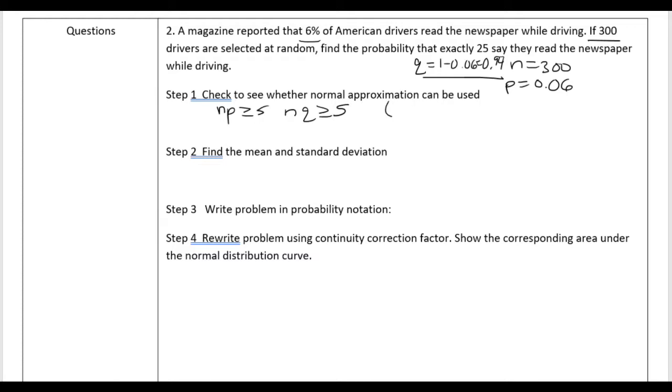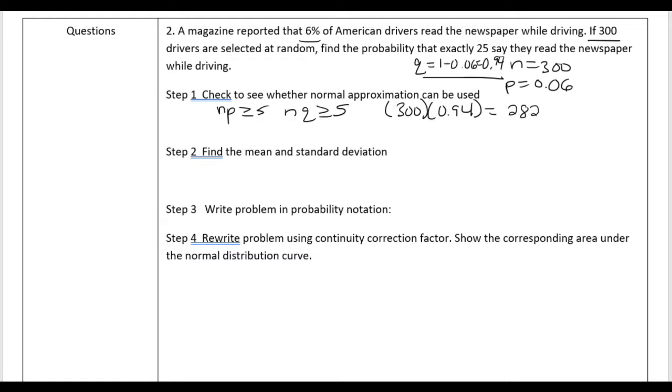300 times 0.94. And we're going to calculate that number. So that's going to be 94 times 3, which is 12, carry the 1, so about 282.